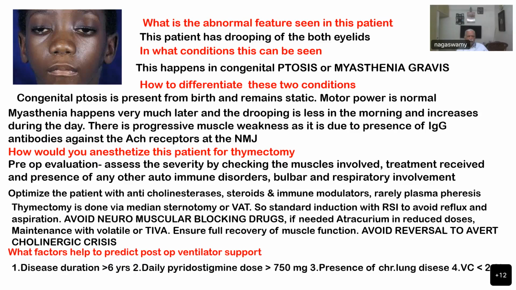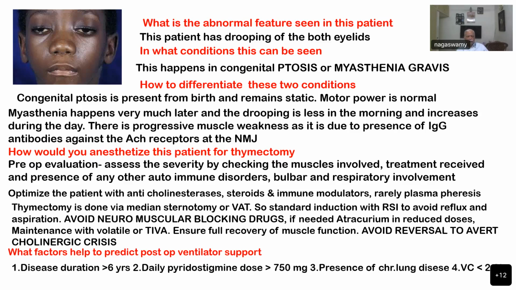Okay, the disease duration more than 6 years. Daily pyridostigmine dose required more than 750 milligram. Presence of any chronic lung disease, or if the vital capacity is less than 2.9 liters, these patients may definitely require post-op ventilatory support. So these 4 points you have to elicit during the pre-operative phase itself.